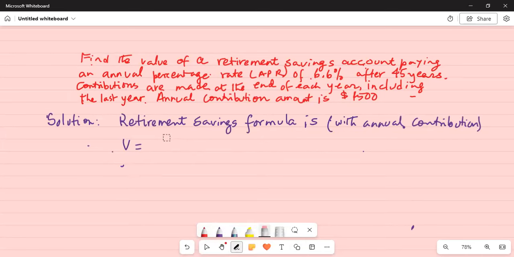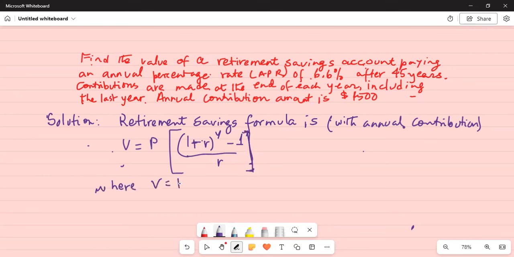V is equal to P multiplied by 1 plus rate, raised to the power Y, minus 1, divided by R, where V is the value in retirement savings account.